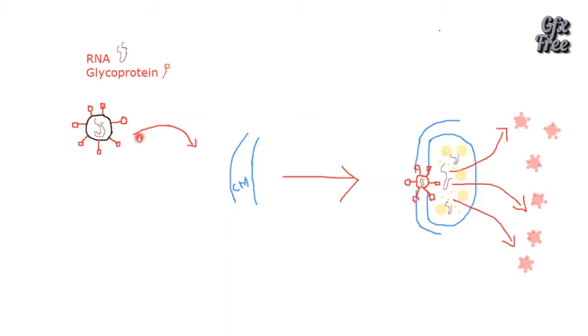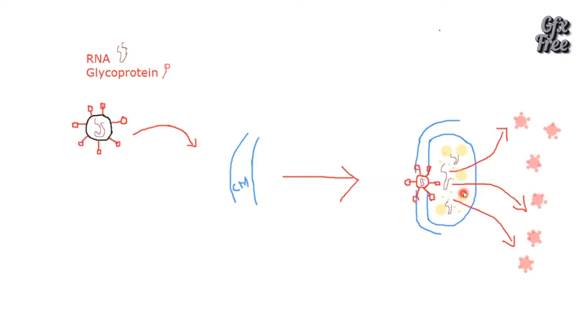Now, once it enters the human body, it reaches the target cell. How it infects the target cell is, once it reaches the cell, the glycoprotein present on the virus particle will get attached to the cell membrane of the target cell. Through a process called endocytosis, it reaches inside the cell cytoplasm.